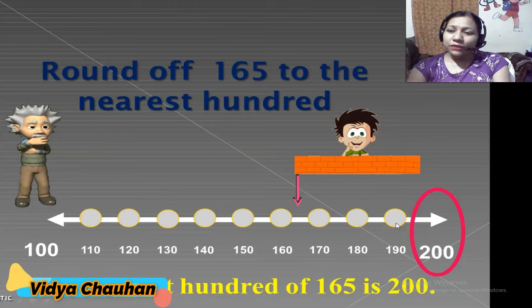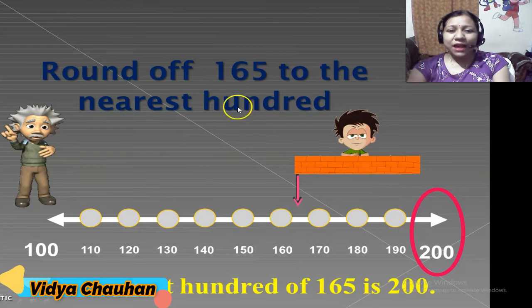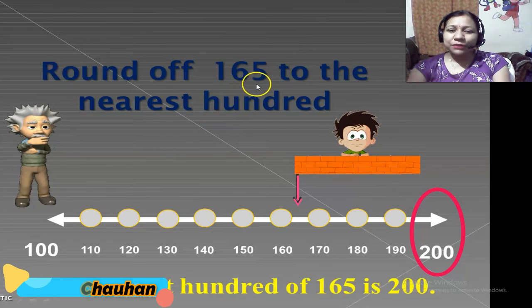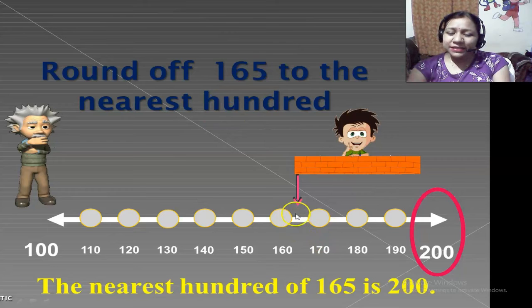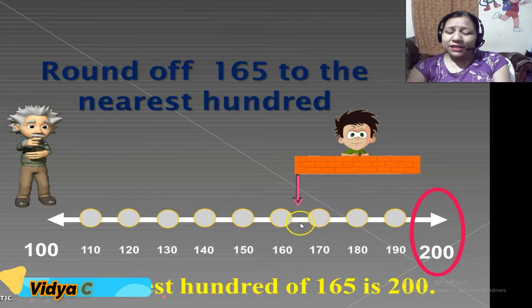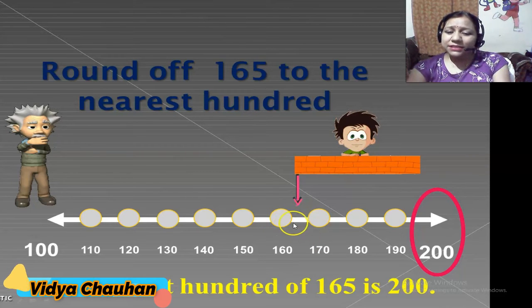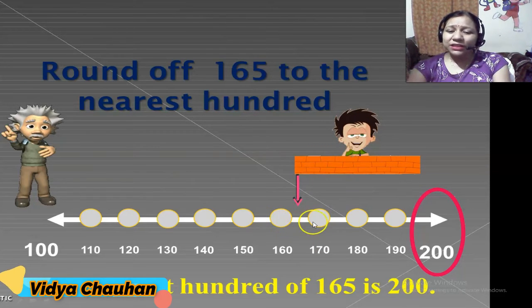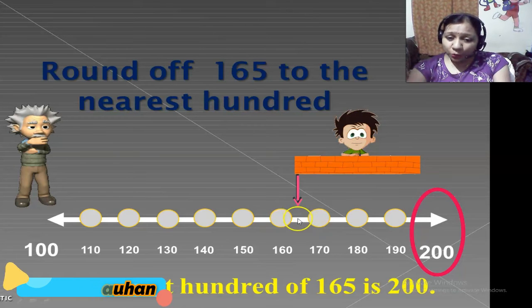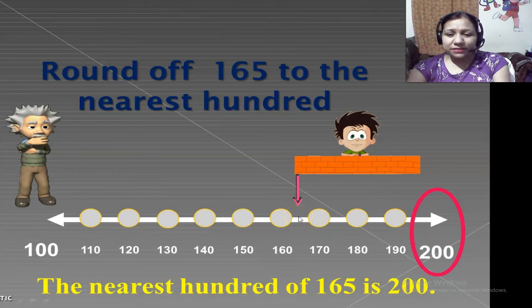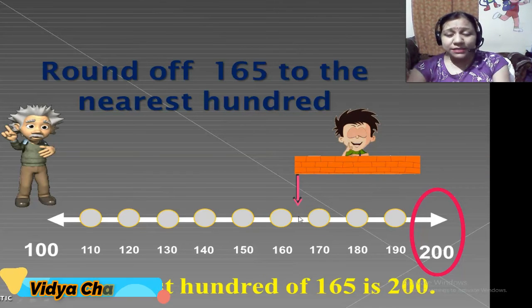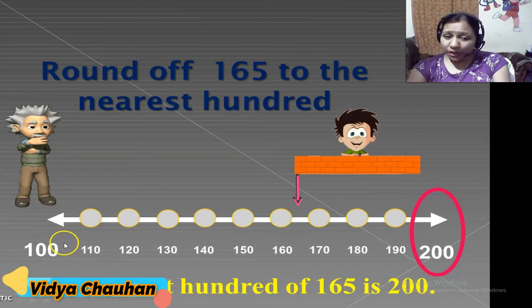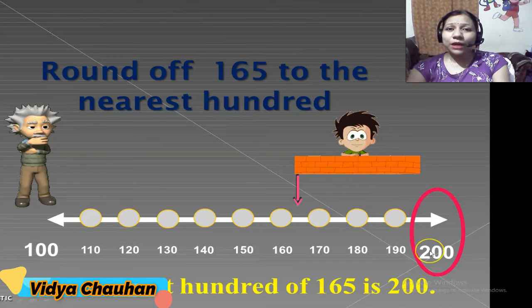Then what is the next process? Yes, we have to check where this number 165 will lie. So yes, number 165 is lying between 160 and 170. Now, which value is it nearer to? Is it nearer to 100 or is it nearer to 200?